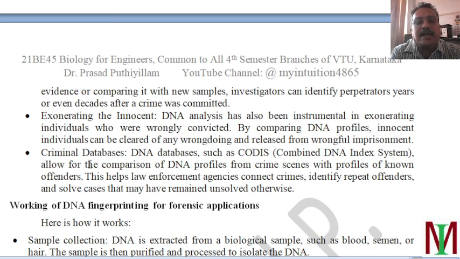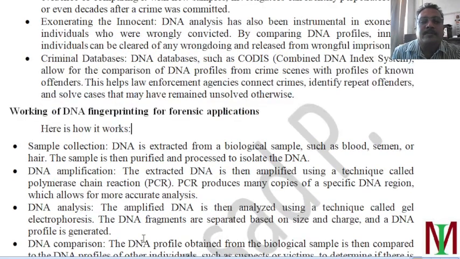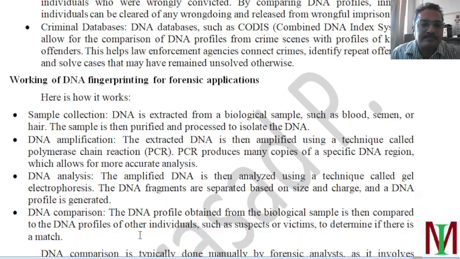Wrongful imprisonment can be avoided by using DNA fingerprinting, and we can create a criminal database with the DNA. If any person commits a crime, immediately his DNA has to be identified and stored. A profile has to be created, so that next time any case comes, it is very easy to match and find. Therefore if you have a database available, it is very easy to solve many unsolved cases.